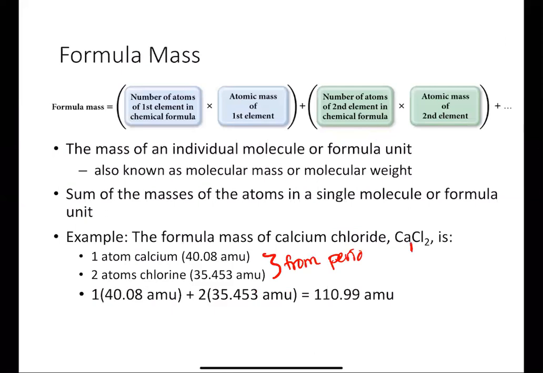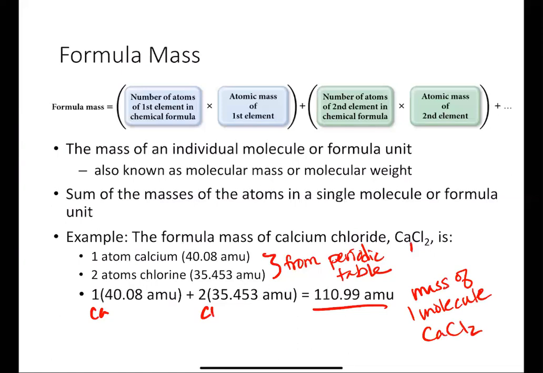If you remember, we learned that last chapter. And we're just going to add these up. So we have 1 calcium, and then 2 chlorines, and we end up with 110.99 AMUs. That's the mass of 1 molecule, or formula unit, whatever you want to call it, of CaCl2.